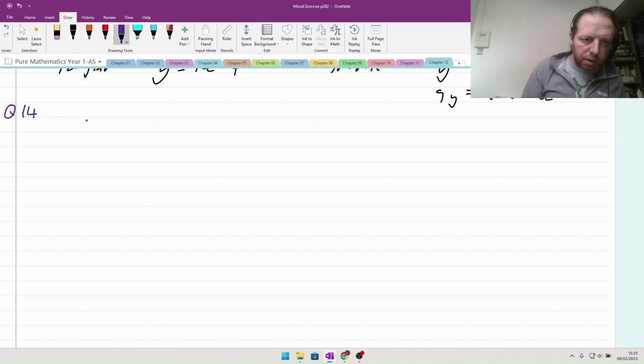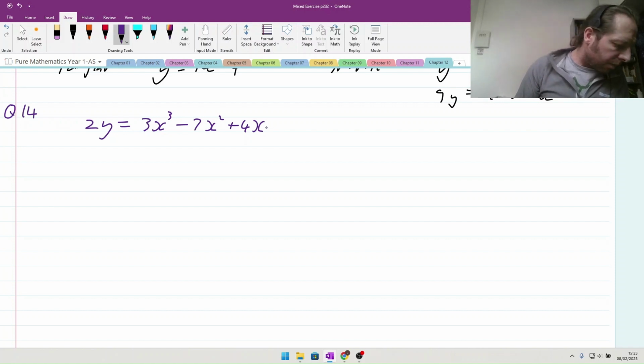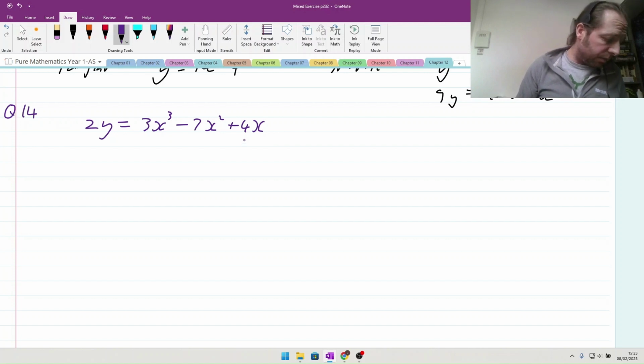Right, so the equation of the curve is 2y equals 3x cubed minus 7x squared plus 4x. The normals to the curve at the points (0, 0) and (1, 0) meet at the point N. Find the coordinates of N.